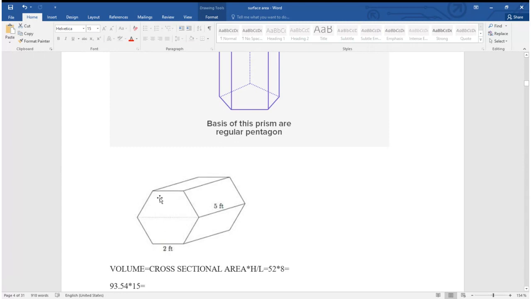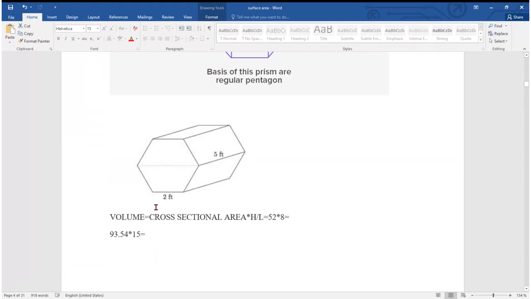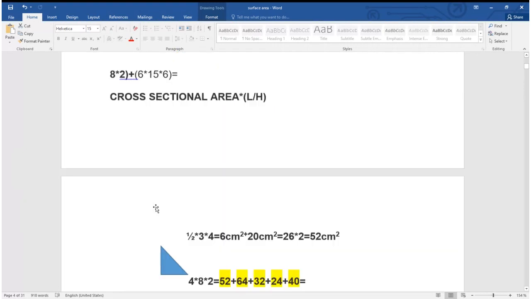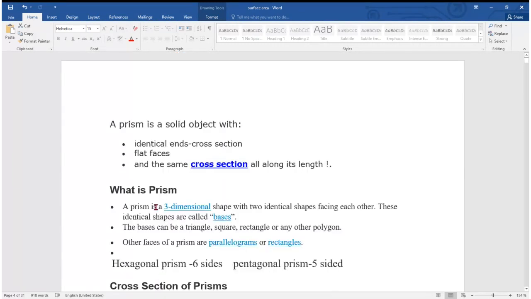So this is a hexagonal prism. So that is what we have. We want to see how we find the surface area of all these prisms that we have here.